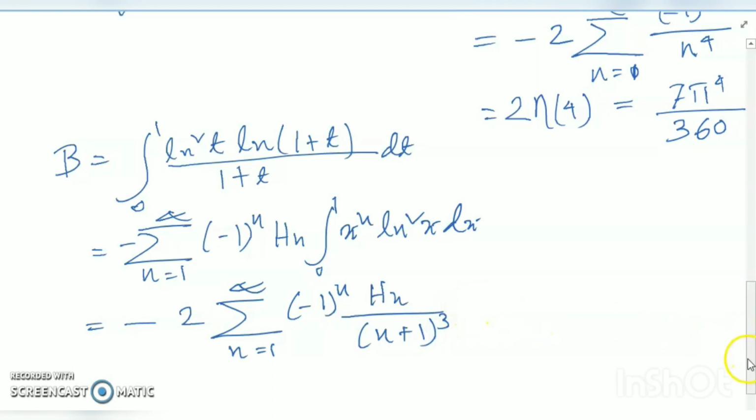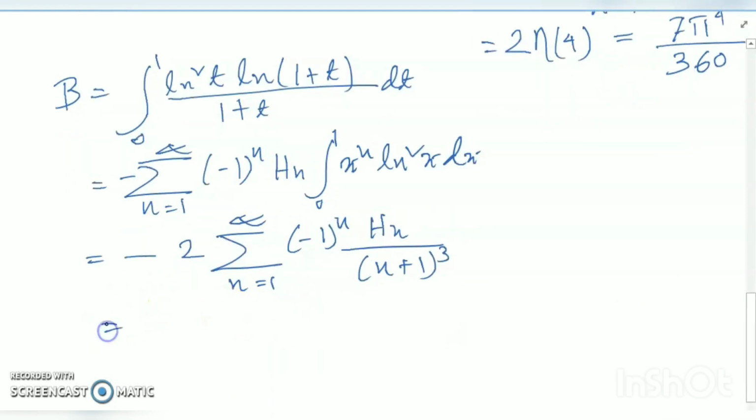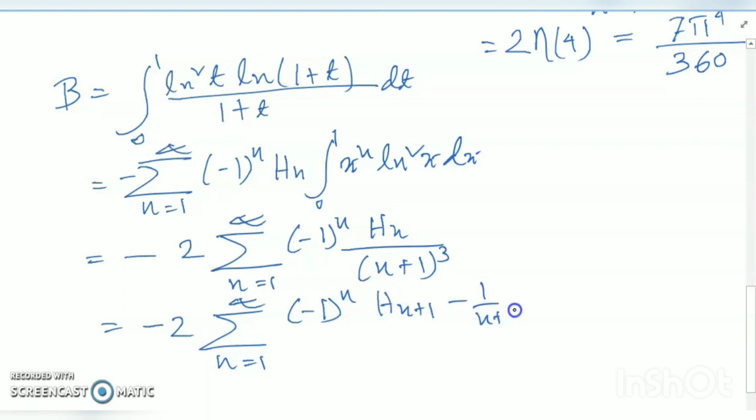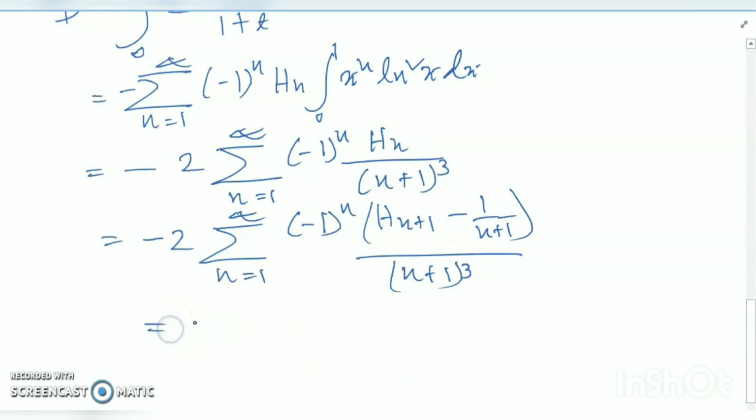So this value, so hn plus 1 is equal to hn plus 1 by n plus 1, so I can write minus 2 summation n equals to 1 to infinity minus 1 to the power n hn plus 1 divided by n plus 1 whole cube. Okay, so it is very simple.